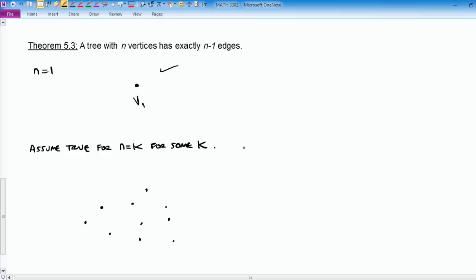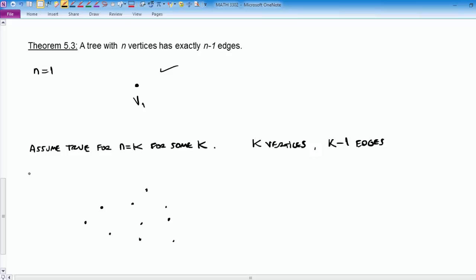It means that let's say we have a tree with k vertices, and that tree has k minus 1 edges. So every time we have k vertices, we have k minus 1 edges, for a particular k.